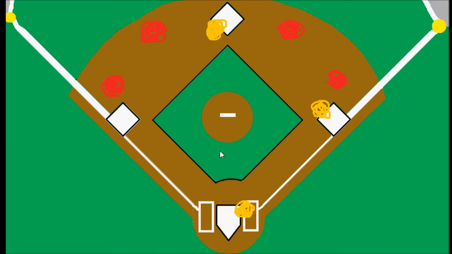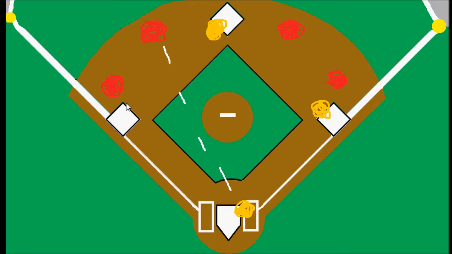Let's say the batter hits a ground ball, which is when the ball rolls, not up in the air, rolling on the ground to the shortstop. You remember the shortstop has a couple options.